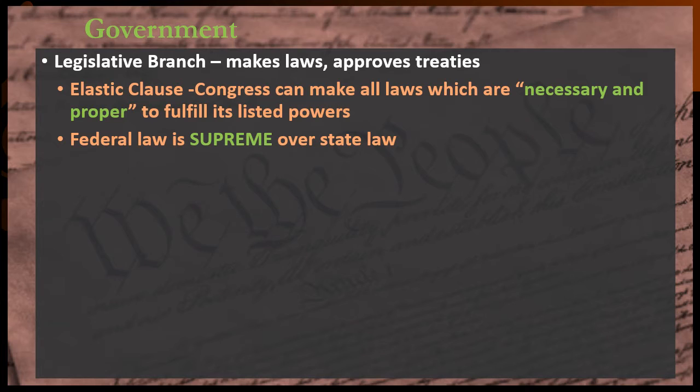Another part of the Constitution said that the federal government would be supreme over state law. And exactly what does that mean? What is the supremacy of federal law supposed to look like?